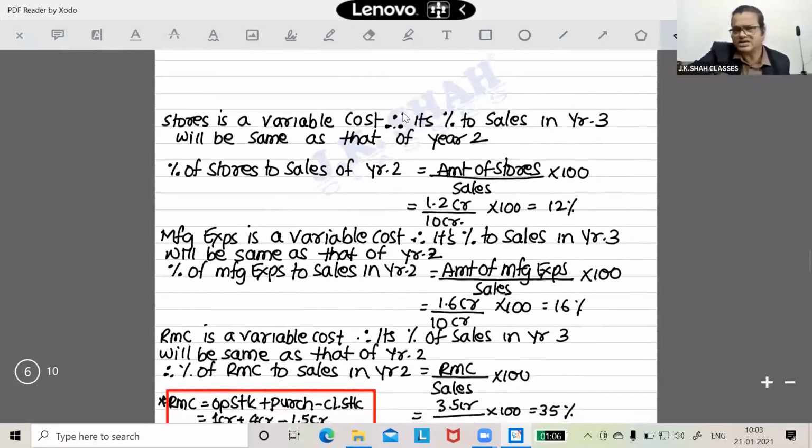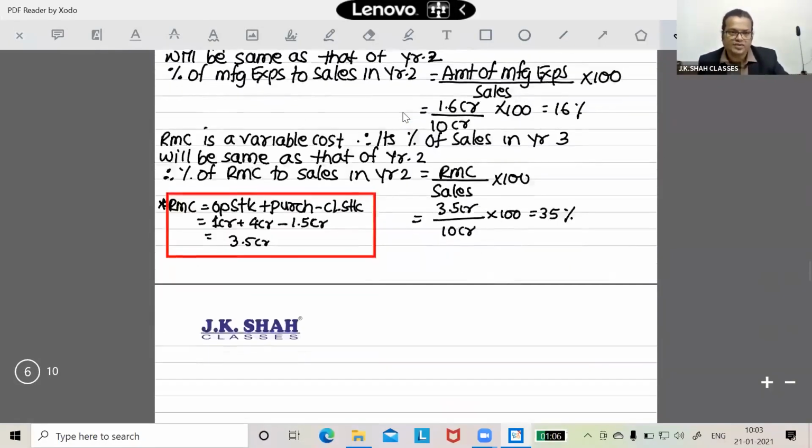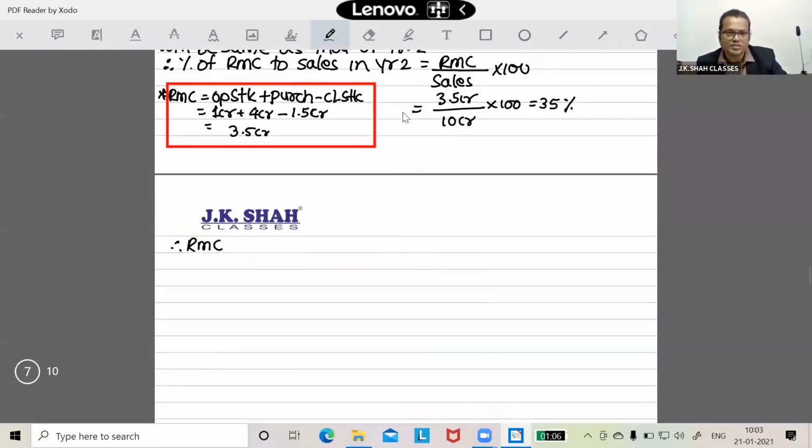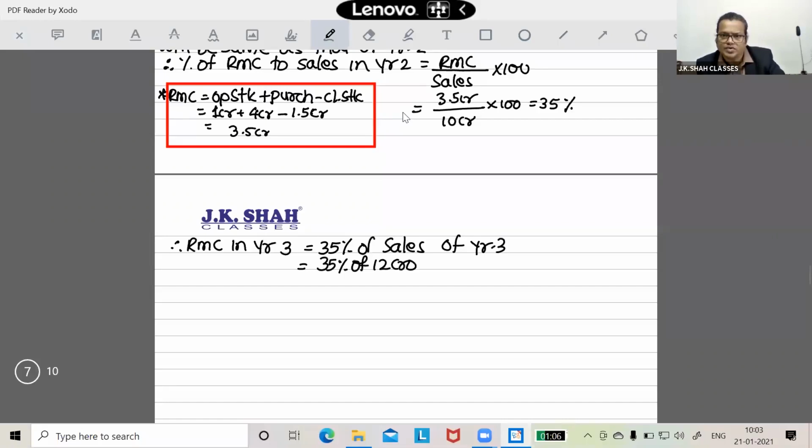Now we know that it's 35%. Therefore, raw material consumed in year 3 will be equal to 35% of sales of year 3. How much is the sales of year 3? 12 crore. So 35% of 12 crores will make it how much? 12 into 35%, 4.2 crore.